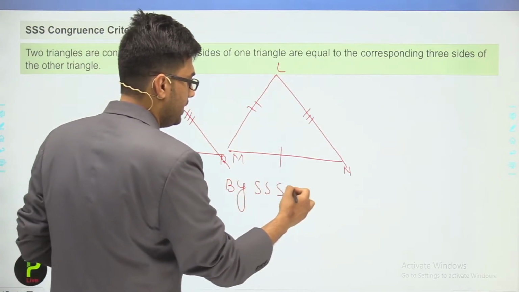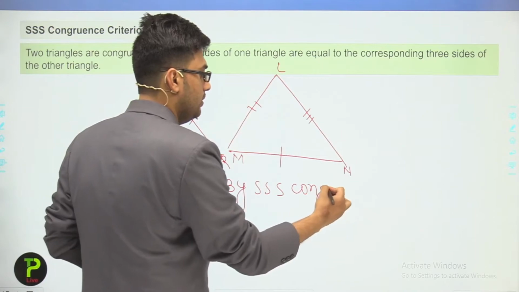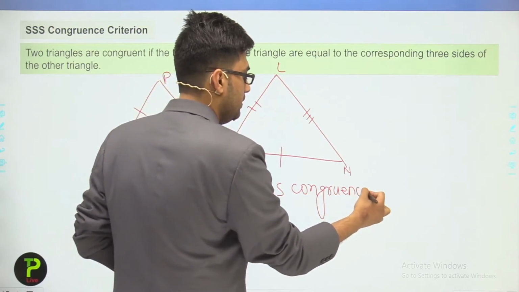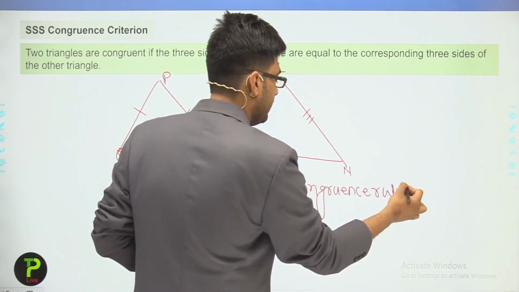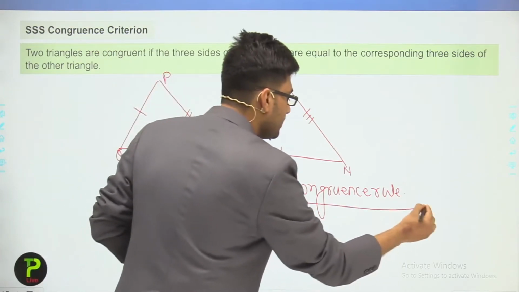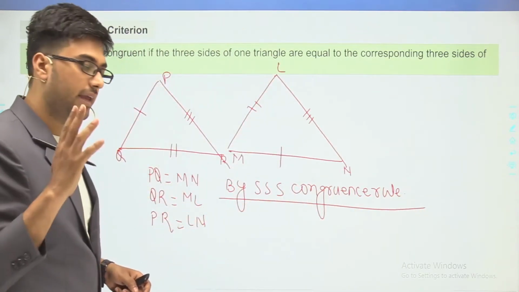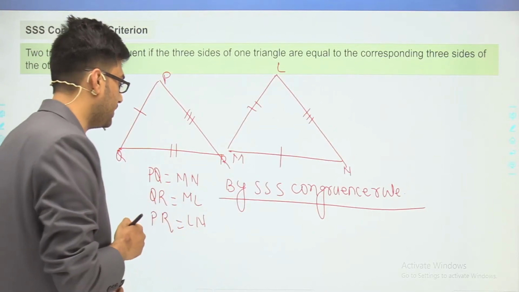Then students, by side congruency rule or criteria, we can say that the triangles are congruent. Here we have to write the exact corresponding parts.